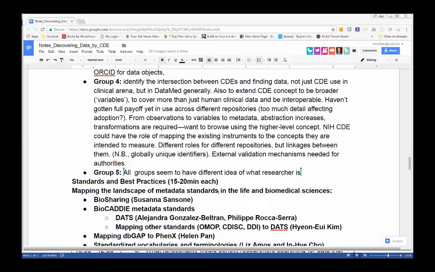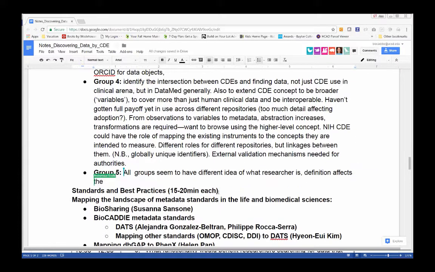One trend across all of them would be education. At least in my domain, most people have no idea what CDEs are and how they would pertain to their lives. With the clinical trials folks, that's a little bit different.